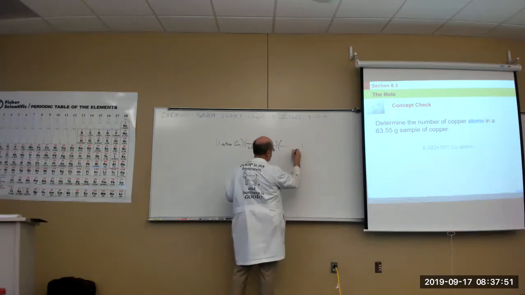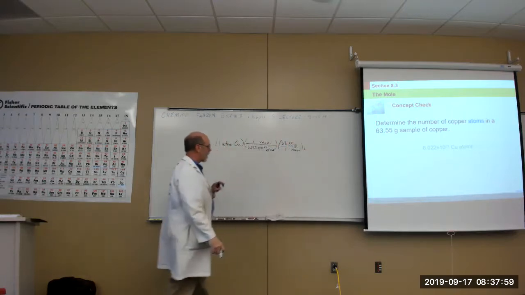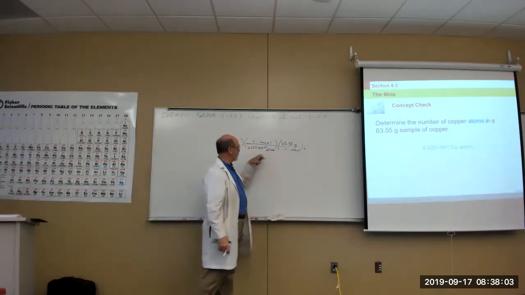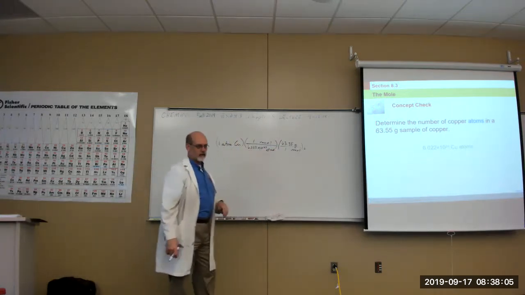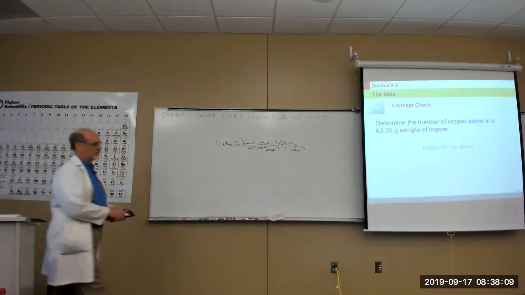And then we change 1 mole into grams. So that's how much 1 atom of copper will weigh. Once you do the calculations, 63.55 divided by that value. Let's just do it. It's going to be a small number.